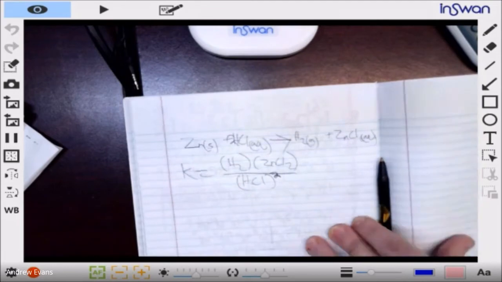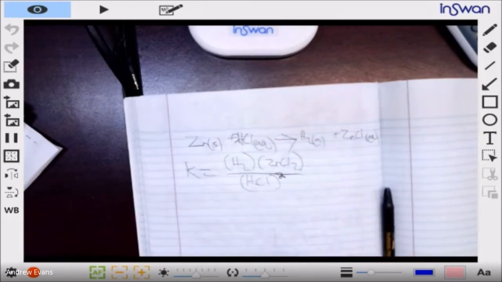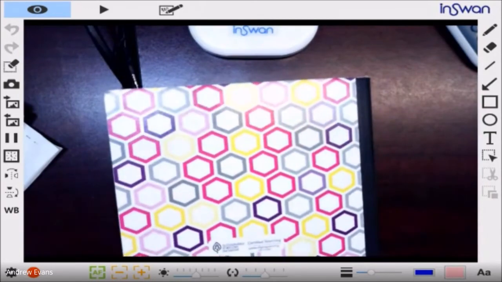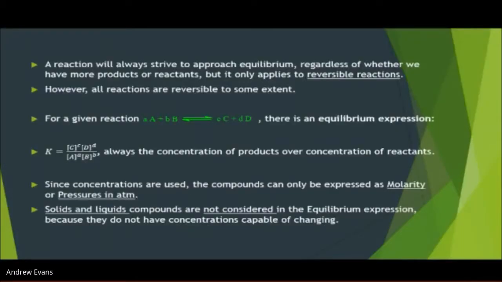So writing the K expression, pure solids and pure liquids are going to be entirely ignored. We only want to look at concentrations capable of changing, because how are you going to measure the change in concentration of a pure solid? If it's dissolved in something, then it becomes a concentration that you can deal with. But if it's a pure solid being mixed together, we can't quite measure how that changes.